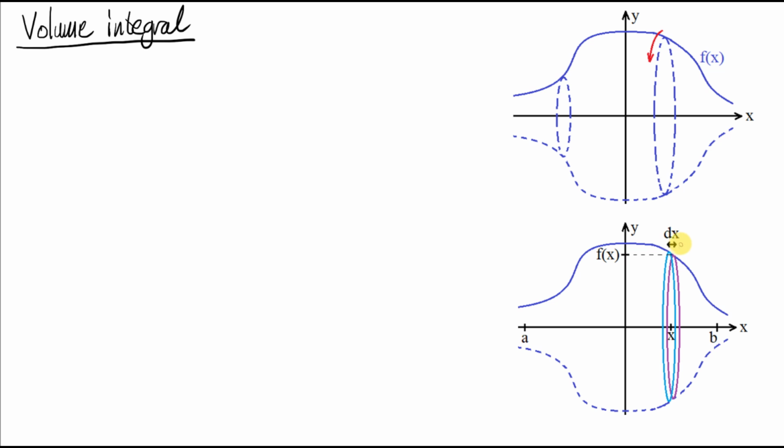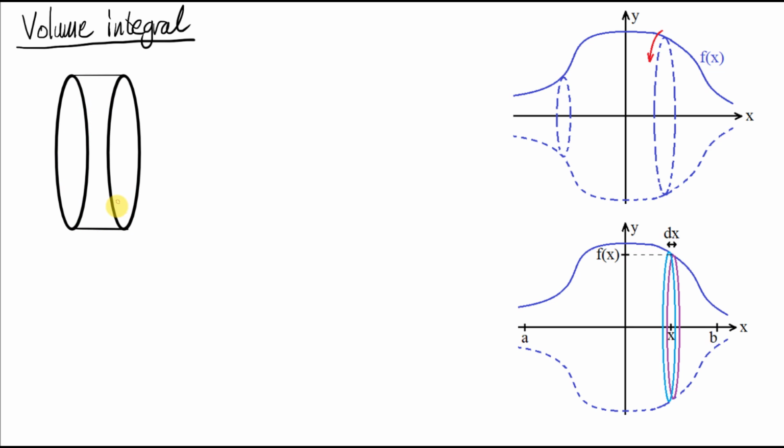Well, if this slice is small, then we can approximate this as a cylinder. If we take one of these slices, then this side here is the x, that is the height of the cylinder. And to get the volume, let's call the volume dV, then the volume is just the base area times the height.